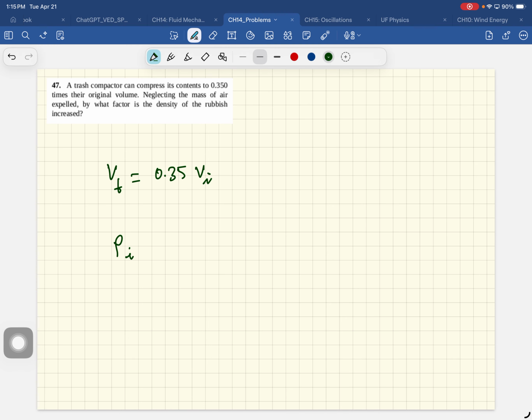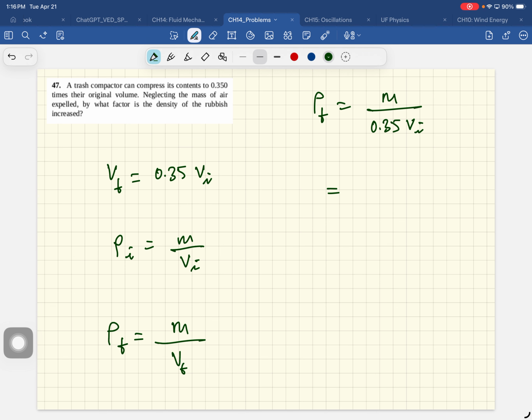So it's the gauge pressure that's acting, which is P minus P naught equal to rho g h. We'll call it the net pressure.